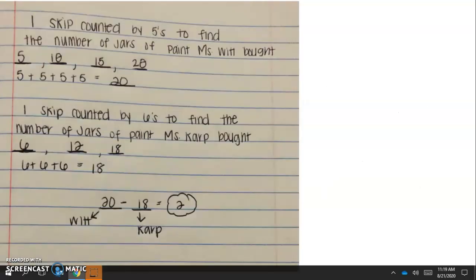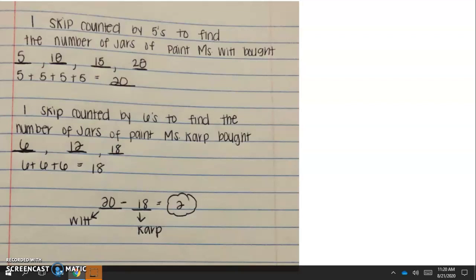Let's take a look at student 2's work sample. Student 2 wrote that they skip counted by 5s to find the number of jars of paint that Miss Witt bought. They demonstrated how they skip counted 5, 10, 15, 20. Then they wrote the equation 5 plus 5 plus 5 plus 5 equals 20.